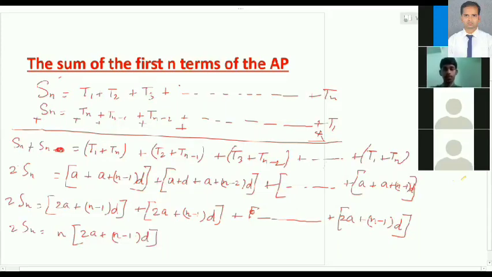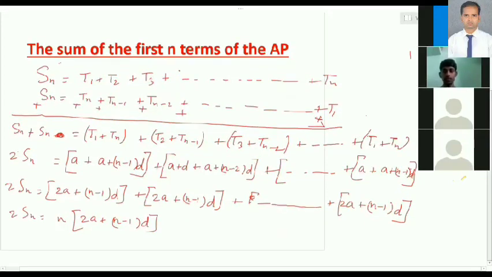So from this you will get Sn. The 2 will go to this side: Sn equals n by 2 bracket 2a plus n minus 1 into d.